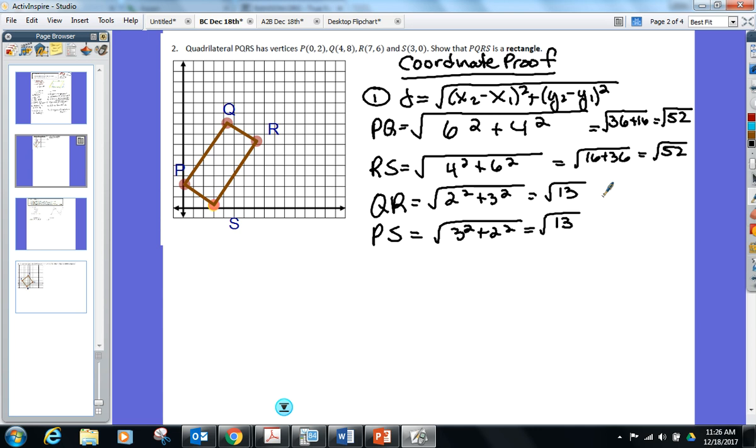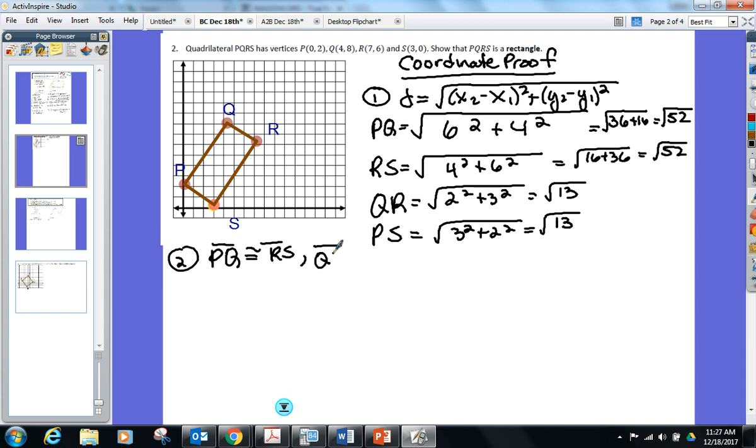All right, next step, step 2. You will always tell me what you just learned from your formulas. You didn't learn it was a parallelogram. What did we just learn by getting square root of 52 and square root of 52? You now know that PQ is congruent to RS, and what other two sides are equal?